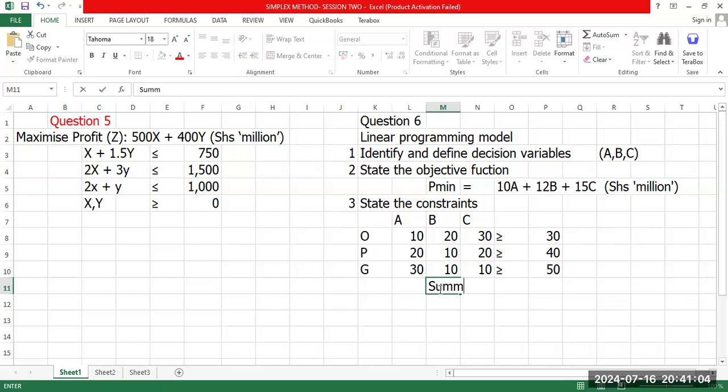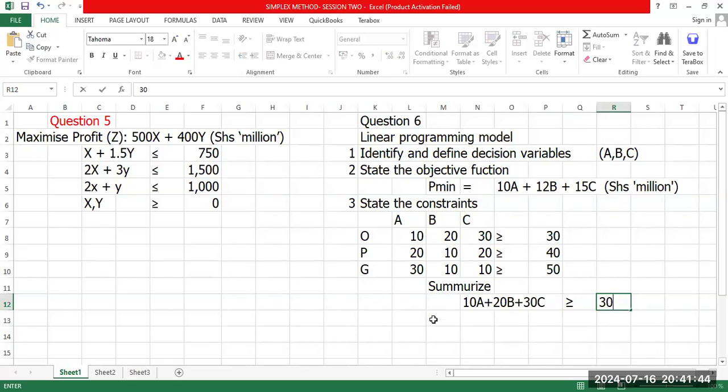Before we go to the last step, we normally tend to summarize here. If we are to summarize, this is 10A plus 20B plus 30C, which is greater or equal to... was the sign greater or equal to? Yes.